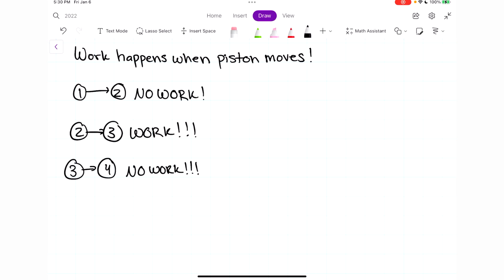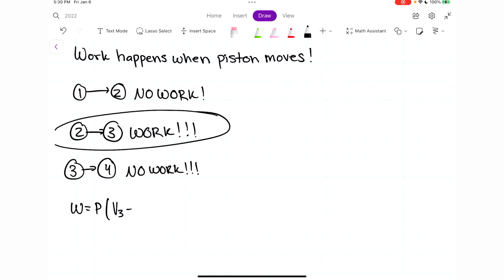So work is equal to P times our final volume, right? But the final volume of when work is actually happening. So the final volume will be our volume of the third state, right? Because that's when work happened.